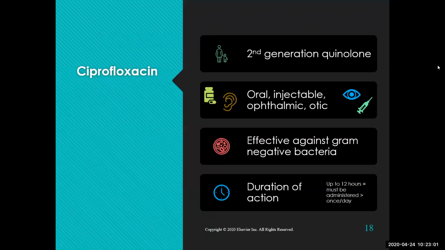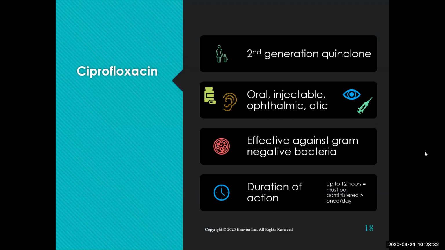So here's our ciprofloxacin. It's a second generation quinolone. The first generation quinolones really are no longer used because the second generation is so much better. It's oral, it's injectable. It also has ophthalmic, so there are eye drops, and otic for the ears. So it comes in all different forms, but if you know it has excellent GI absorption, you can understand that its mucosal absorption is so good that being an eye drop and an ear drop is also very effective.